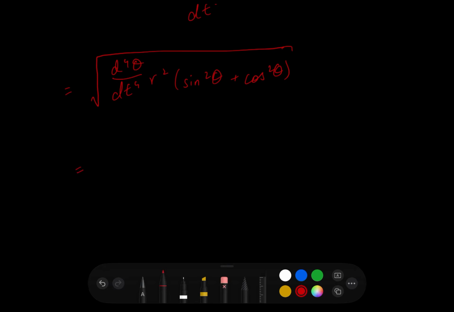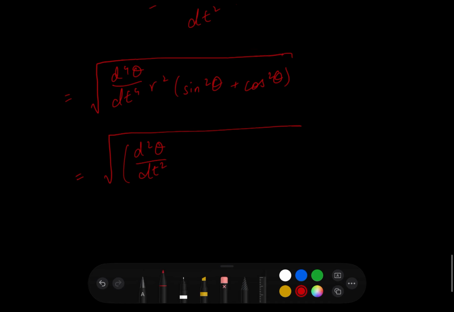And so now we can write this as d2 theta by dt2 r sine theta the whole square plus d2 theta by dt2 r cosine theta the whole square.